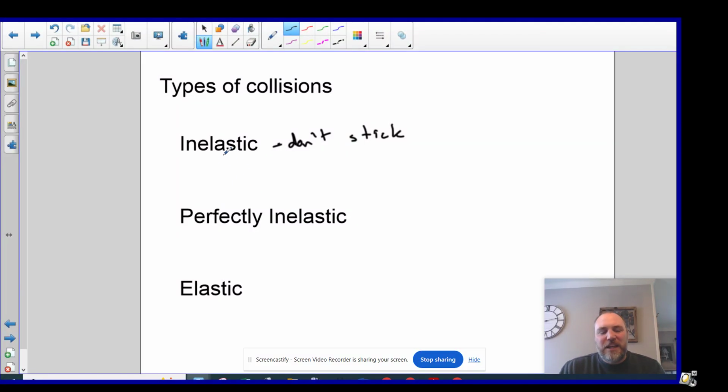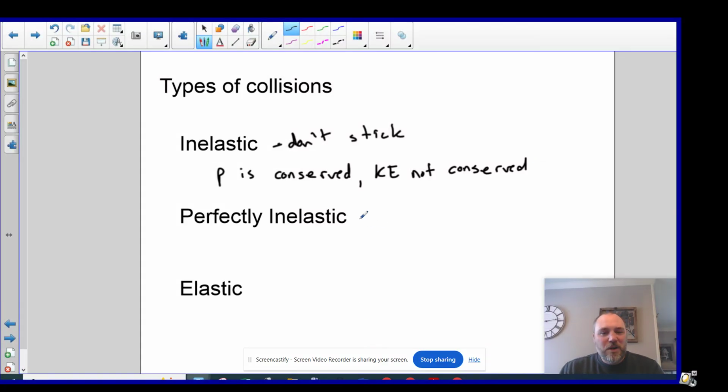And in the event of an inelastic collision, momentum is still conserved as long as there are no external net forces on the system. However, kinetic energy is not conserved. So when objects touch, when they collide, there's going to be some heat loss. There's going to be some kinetic friction, especially when the material deforms. There's going to be a lot of heat there. So an inelastic collision is going to conserve momentum, but not kinetic energy.